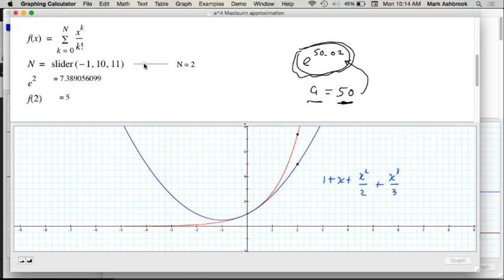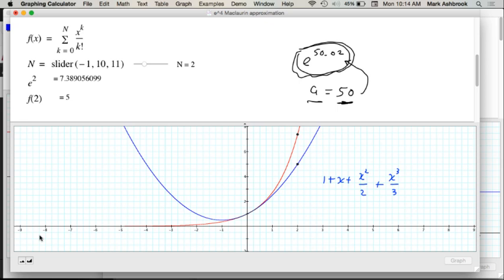So you wouldn't use the Maclaurin series to estimate e to the -8th. You'd do a Taylor series centered at -8, and then it would do the same thing as it's doing here around 0, and you'd have really good function value estimates around -8.